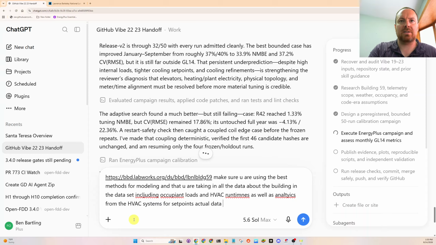Actual data analytics should be used for set points.